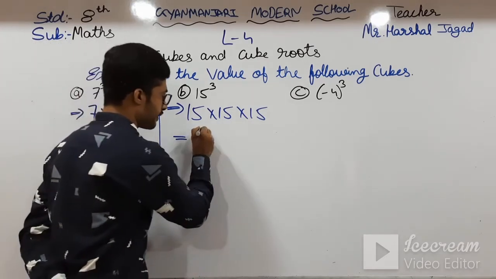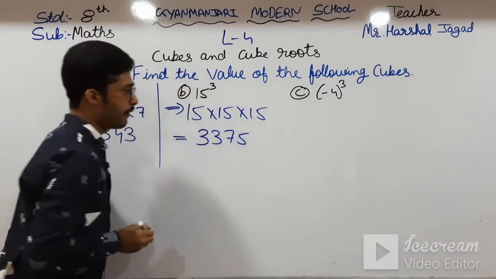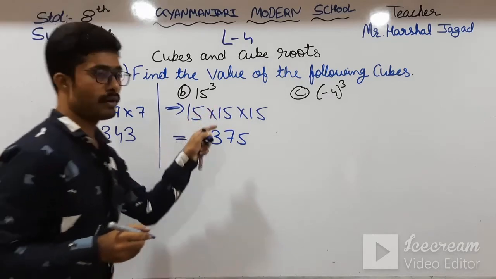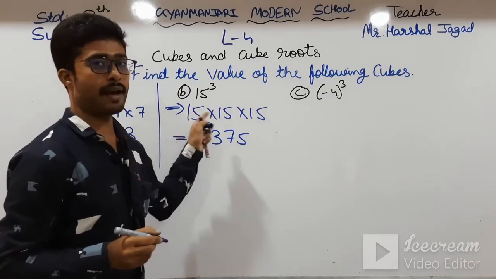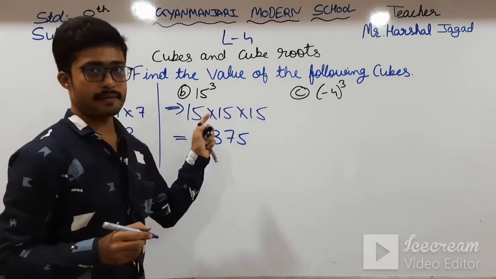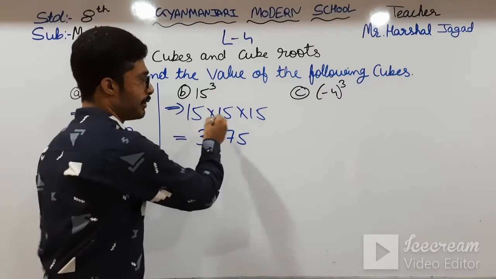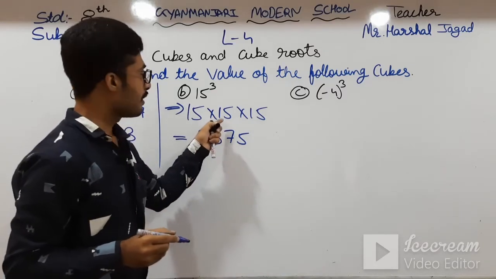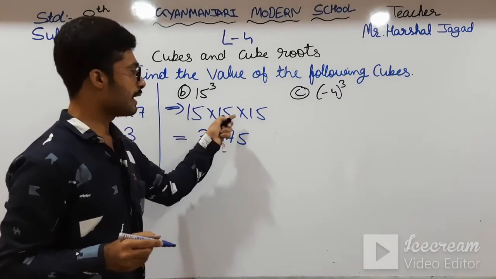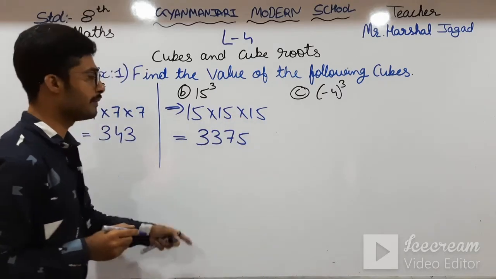The answer is 3375. You can multiply also. What is the square of 15? You know the square of 15, 15 into 15, and then we have to multiply that with 15. So the answer will be this.